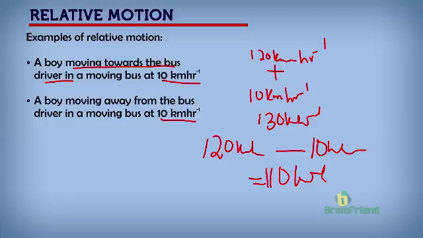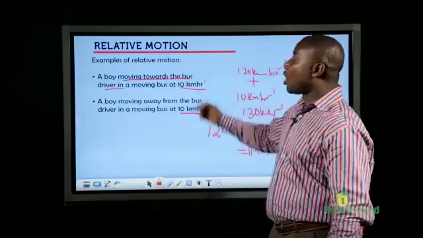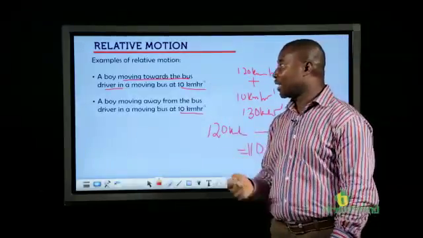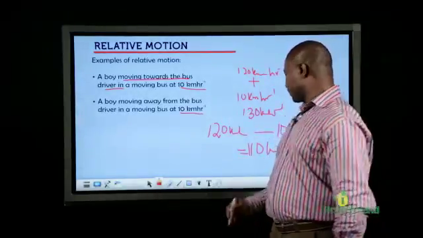So that is the difference when you are looking at relative motion when it comes to a boy in the bus moving towards the driver or moving away from the driver.